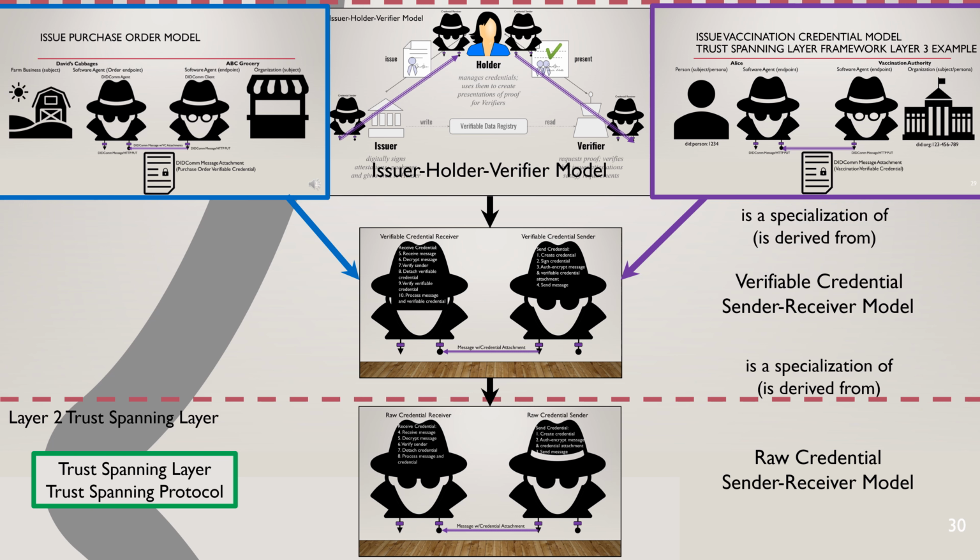And then just highlighting, there's the red line there. Below the red line is the layer 2, trust spanning layer of the Web 7.0 trust spanning layer framework. Above the red line, kind of hidden by the blue box now, is the layer 3 trust tasks layer. And so it's the natural home for the verifiable credential sender receiver model plus any derivations, such as the 3 that we've seen here.